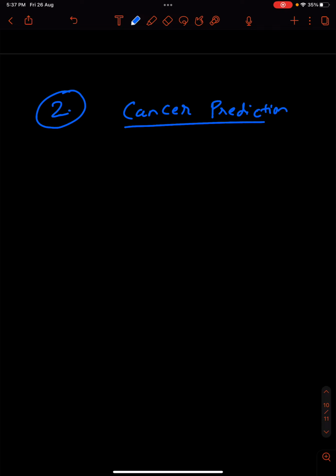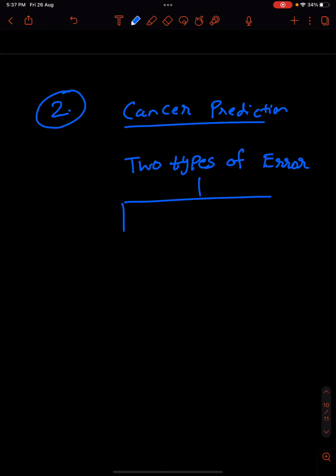Okay, so now there are basically two types of error, that is two ways in which the predictions can go wrong. That is, let me write down here, false negative, false positive. So what does this mean?